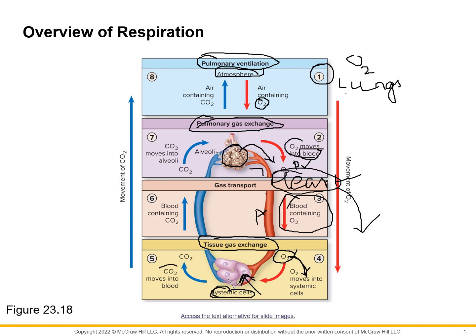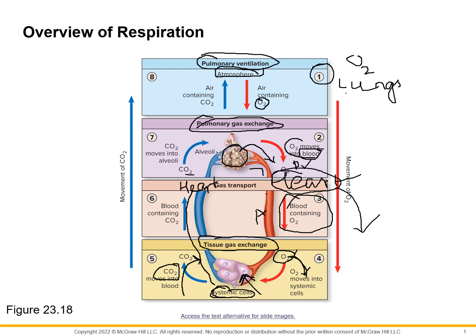So now we are taking carbon dioxide. Now carbon dioxide is going to get loaded onto blood here in the tissues. It hops on the ride, and it goes all through the veins of your body until it gets to the heart. So right here where it says gas transport, we're going to write a heart.